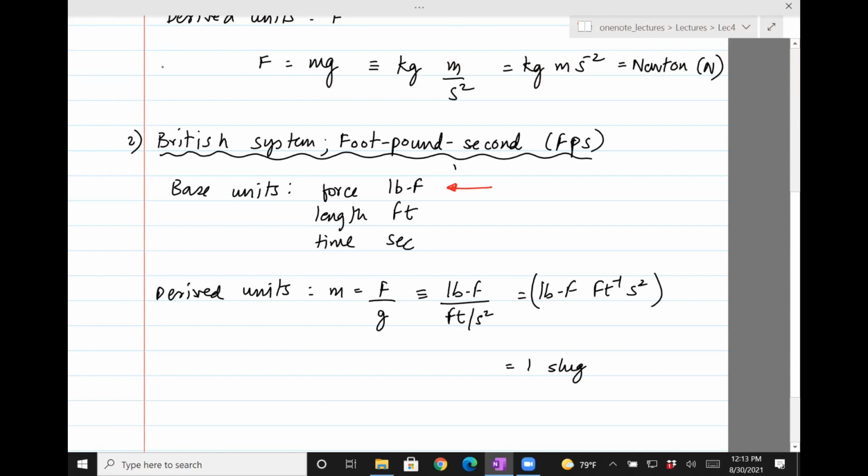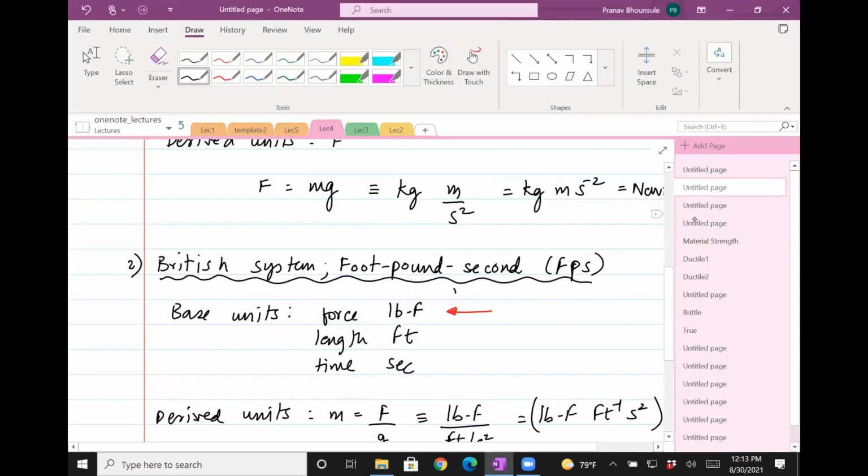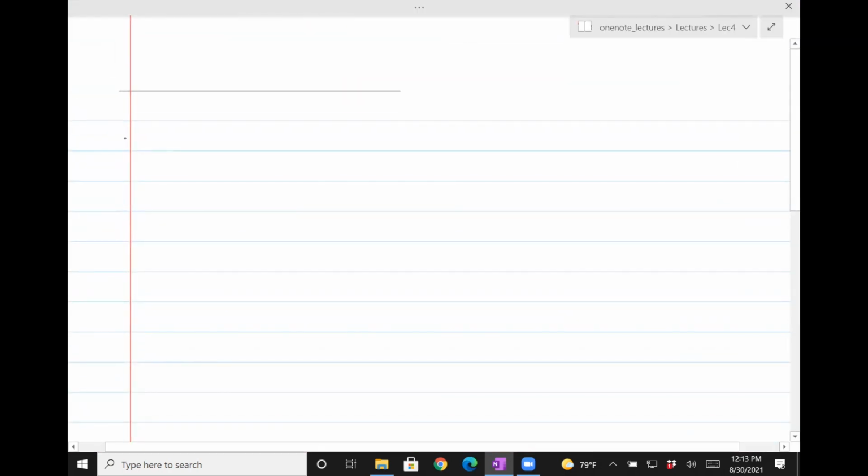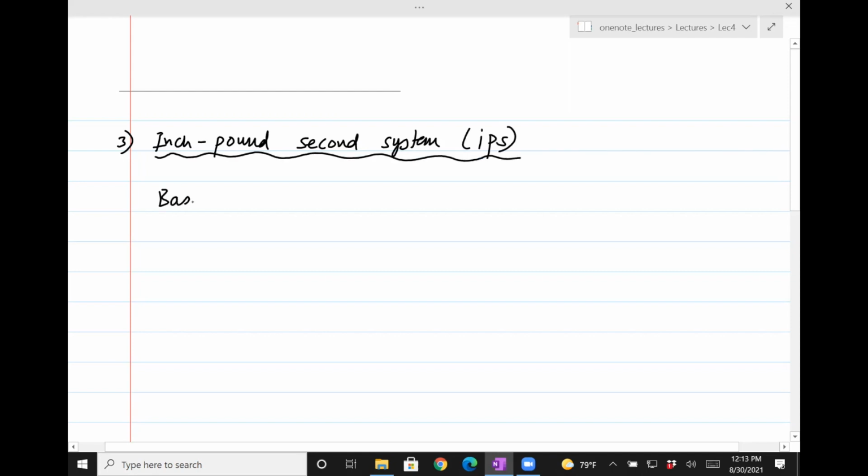And then the last one is derived from this, very similar to this. The third one is the inch pound second system, or IPS, where the base units are force, which is still lbf, length in inches, and time in seconds.